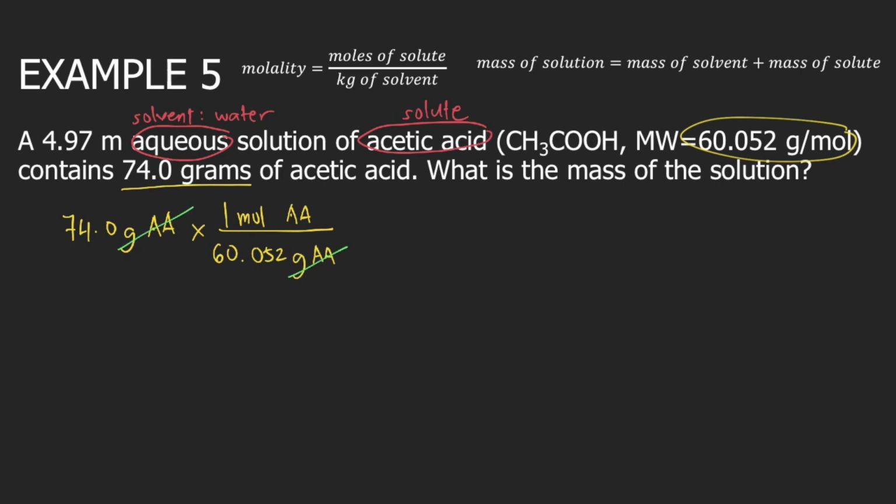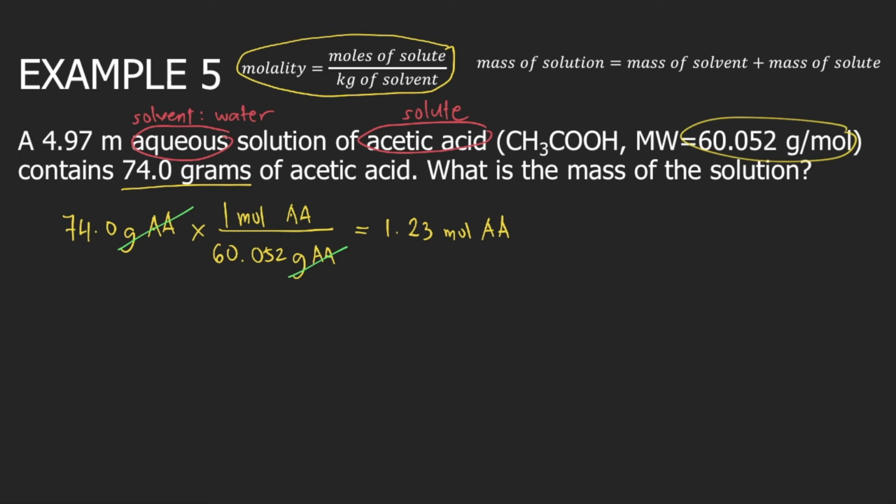So grams of acetic acid will cancel, and this is equal to 74 divided by 60.052, that is 1.23 moles of acetic acid. Now that you have the moles of solute, you will then use this formula to solve for the kilograms of solvent.